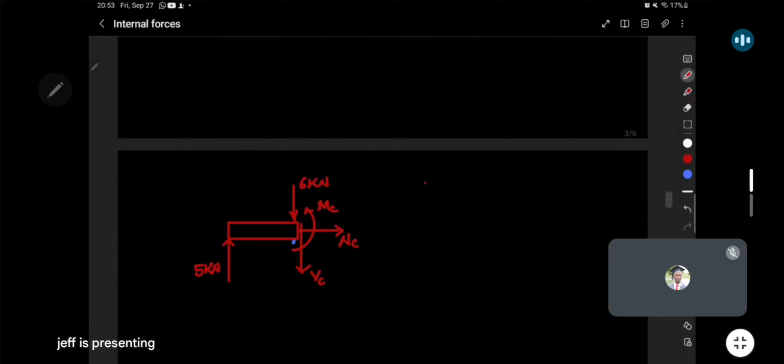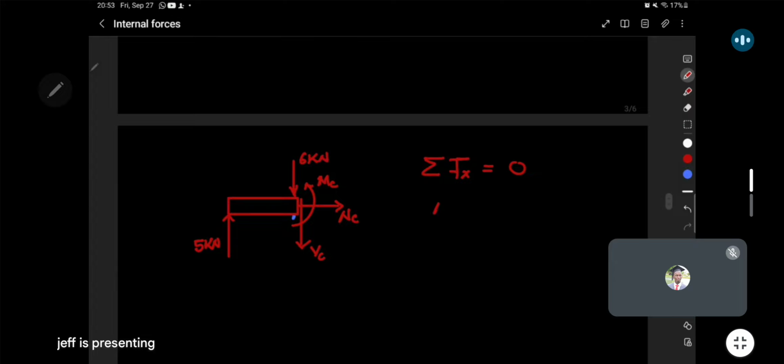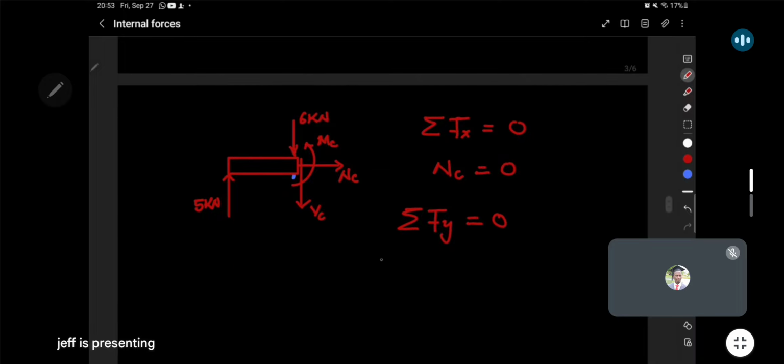So just like before, when you sum forces in the x-axis and equate to 0, in the x you only have the normal, which is automatically going to be equal to 0. In the vertical axis, you have the 5 kilo going up, but you have the 6 kilo going down.